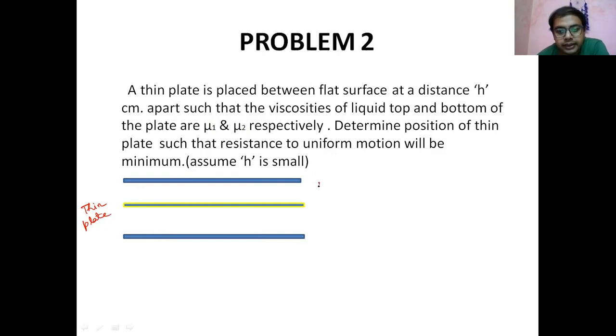The total distance is h, and h is also a small quantity. So h is small.